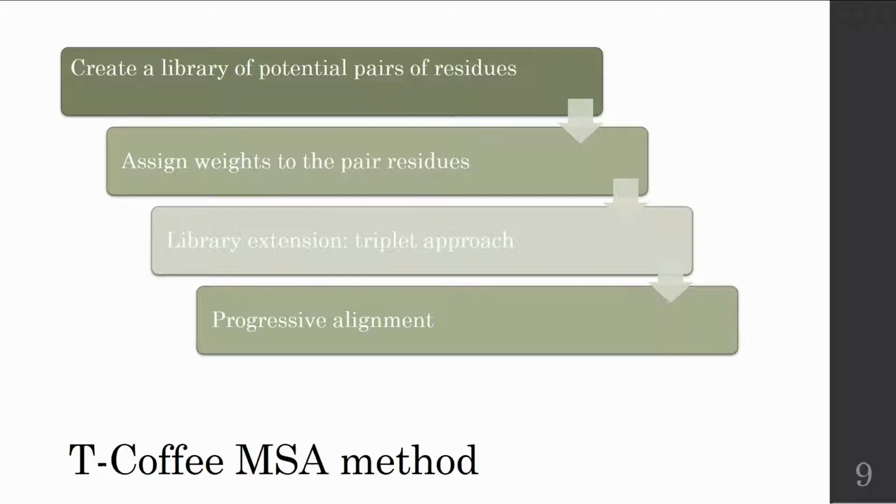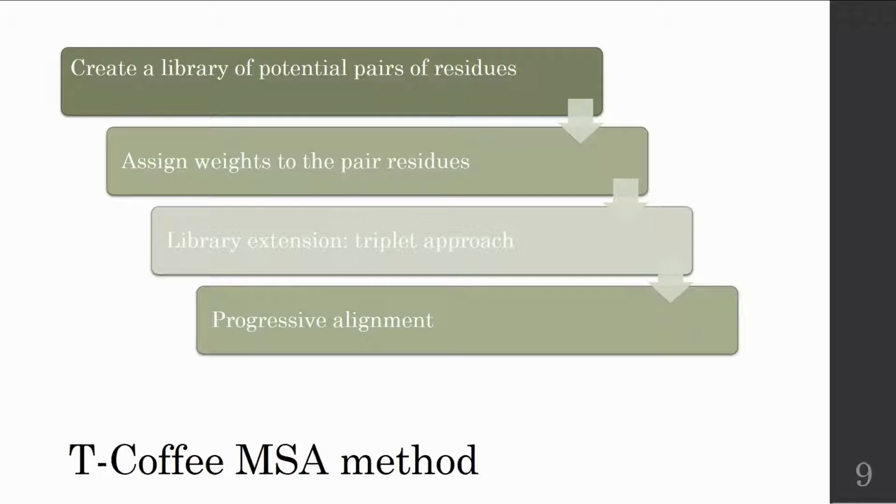And then when you have these two libraries, they will assign weights to these pair residues based on the identity of the two sequences in the pairwise alignment, with more identical pairs having a higher weight.